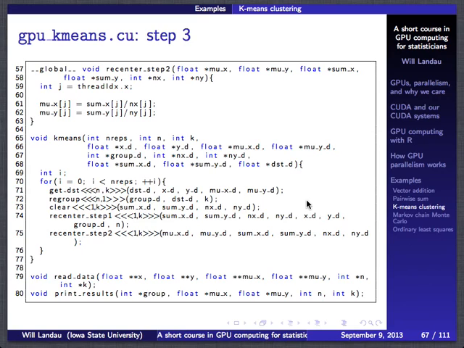Each point gets a block. And within that block, I'm computing all the distances. So this has nothing to do with the k-means thing, how we are computing. This is actually the most basic form of k-means. This is not the state of the art as far as algorithms are concerned.